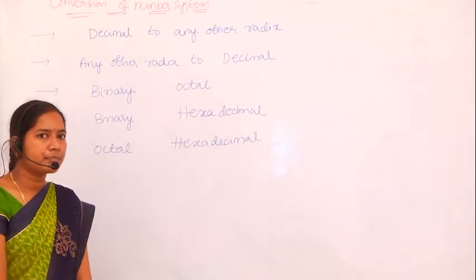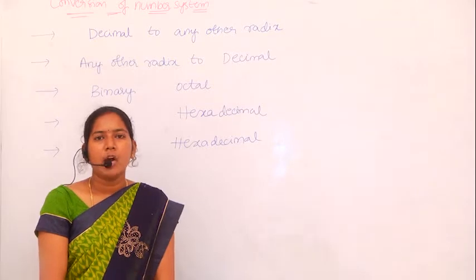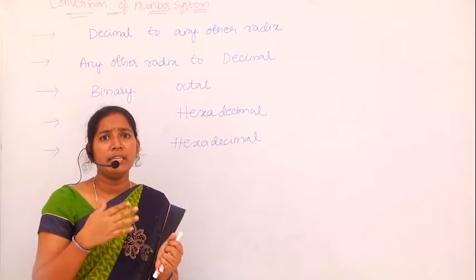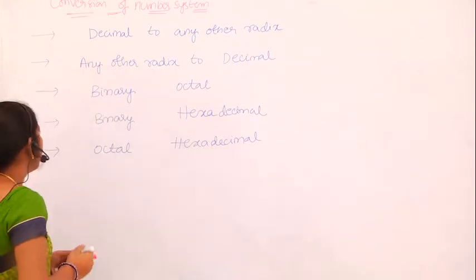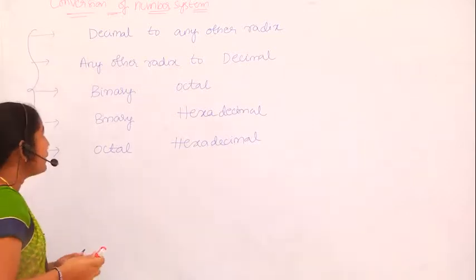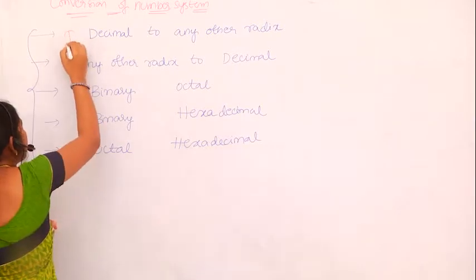With this conversion, we can convert all possible conversions from our number systems. The total conversions I have categorized into 5 types. First one is decimal to any other radix.